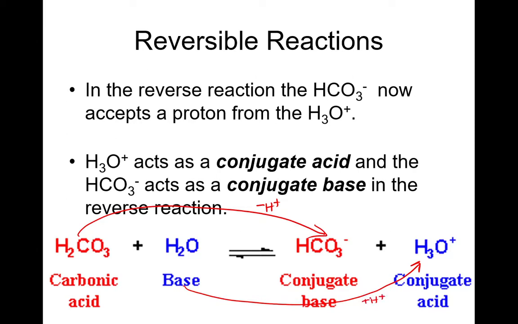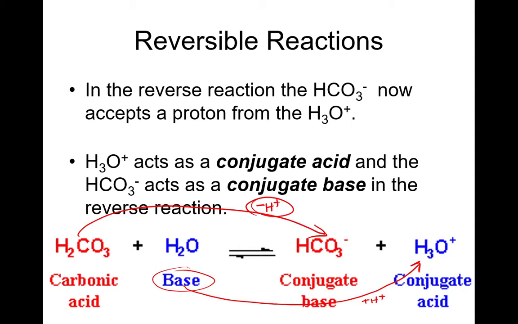So therefore, what we're beginning to see here is that the acid and the conjugate base only differ from one another by a single H plus, and the base and the conjugate acid only differ from one another by a single H plus.